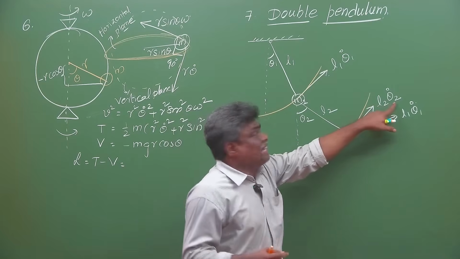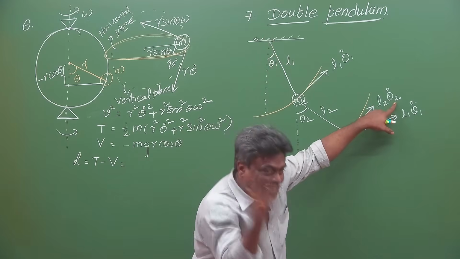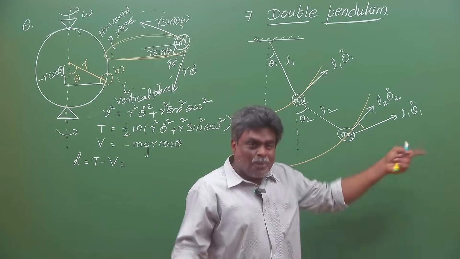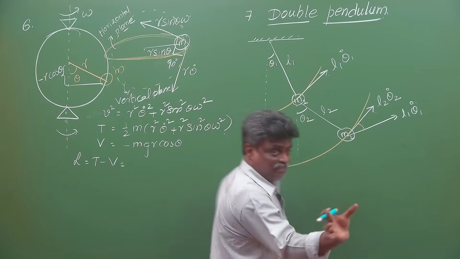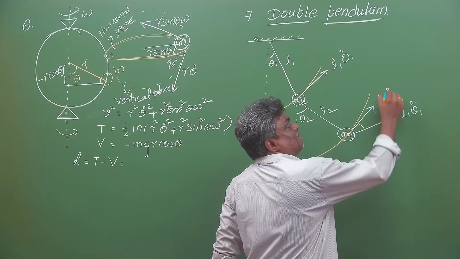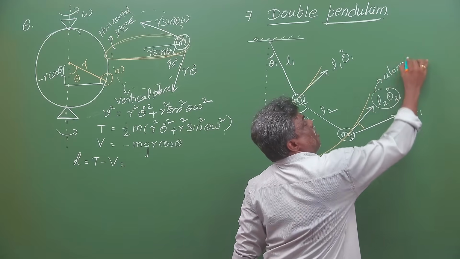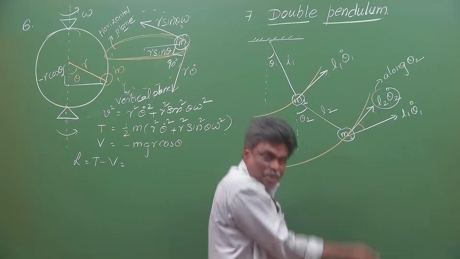What is theta 2 dot? Theta 2 direction. This one. What is the difference? That's it. Angle difference. This is velocity changing along theta 2. Theta 2 is changing.